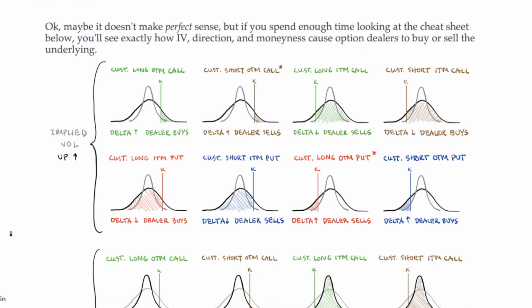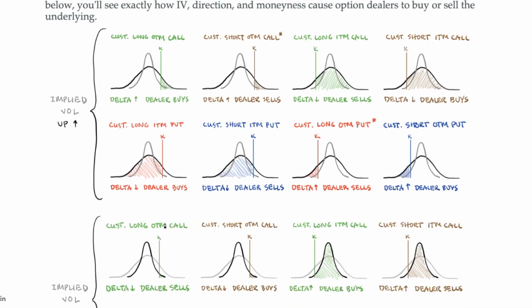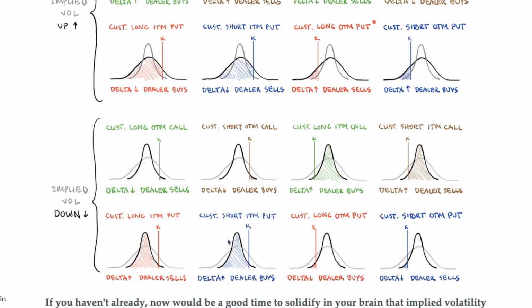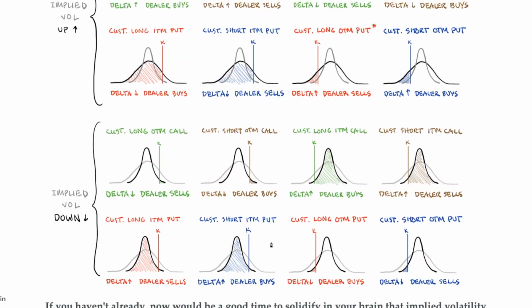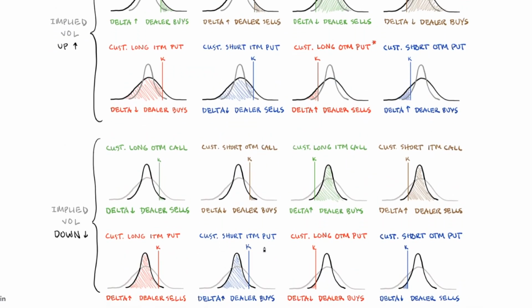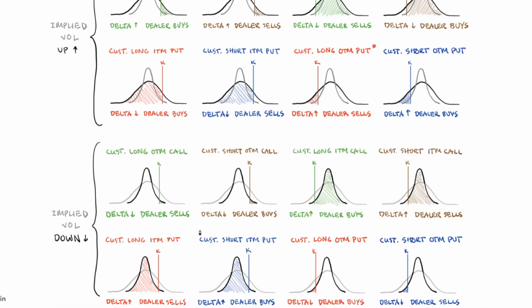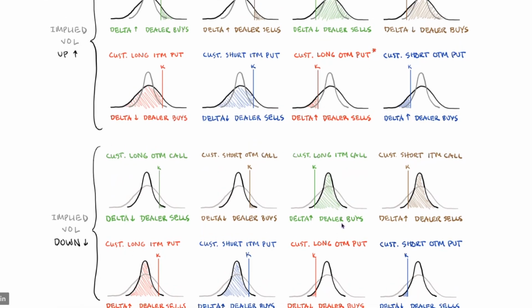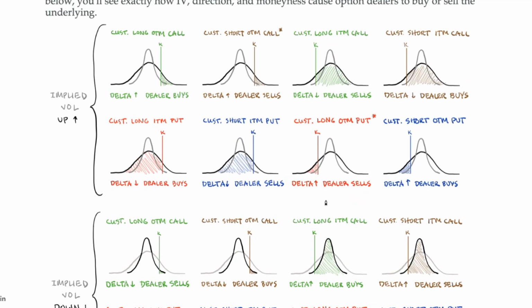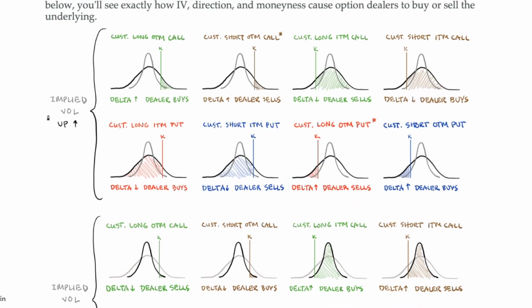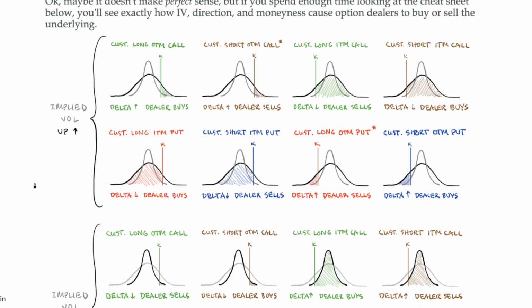Yep. Makes sense. And so the reason that getting into Vanna exposure is important is because, let's say that we're selling off, right? And if we're selling off, then implied vol is moving up. So when we're in the first part of this table over here, let's say that a lot of people are long out of the money puts.